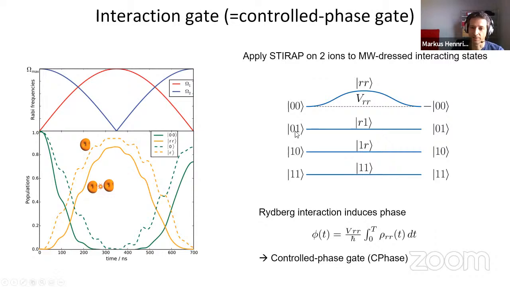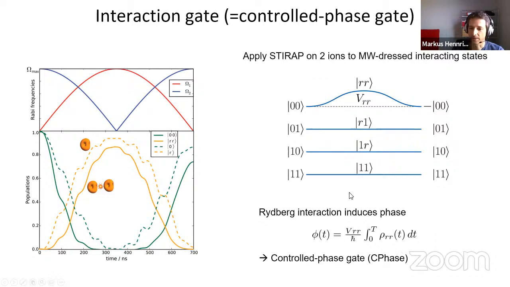On the other hand, if only one of the ions is in state 0, then only one of the ions is excited to Rydberg state, while the other ion stays in state 1. Since there's no Rydberg-Rydberg interaction, there's no energy shift and there's no phase. Also, if both of the ions are in the S1/2 ground state, none of the ions is excited to Rydberg state, no shift, and we stay just in state 1,1.